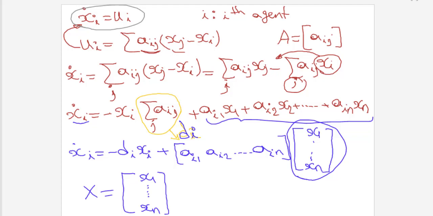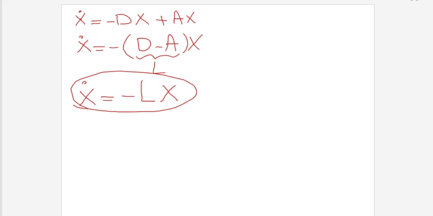We select this control input for the system, and we consequently get the closed loop system. The dynamic of the agents are xi dot equal to ui, okay?